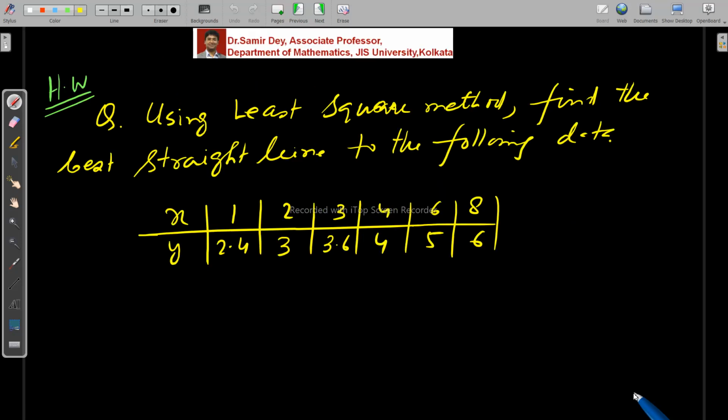Now I am giving one homework. Using the least square method, find the best straight line to the following data, where I have considered 6 data points for x as well as y. Here x = 1, 2, 3, 4, 6 and 8, and the corresponding y = 2.4, 3, 3.6, 4, 5 and 6.